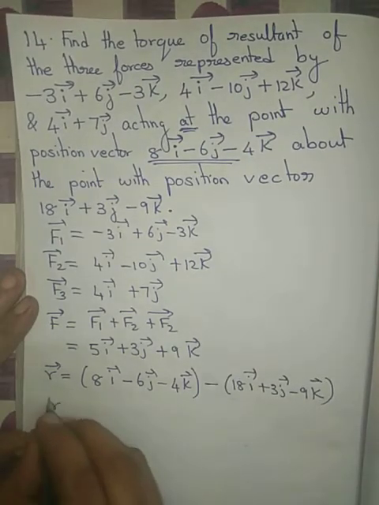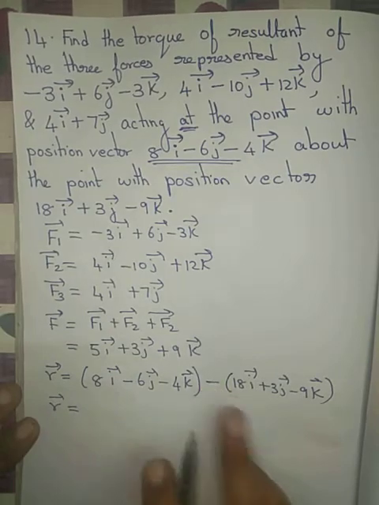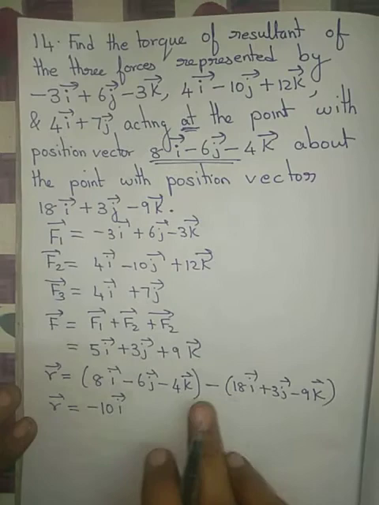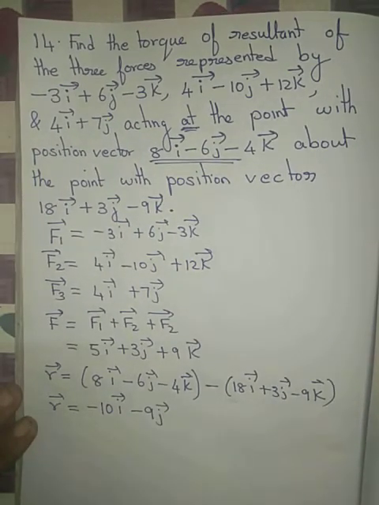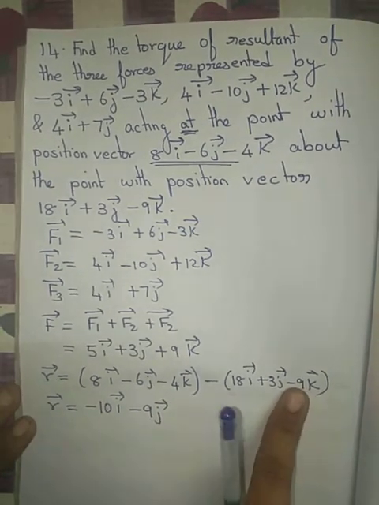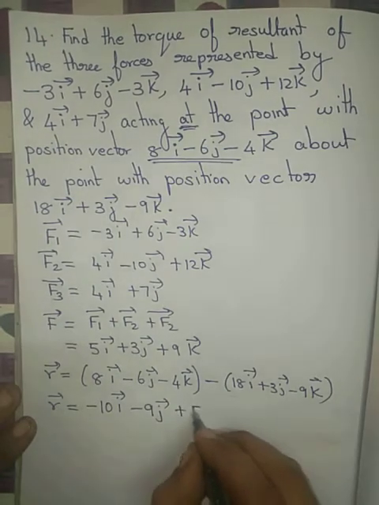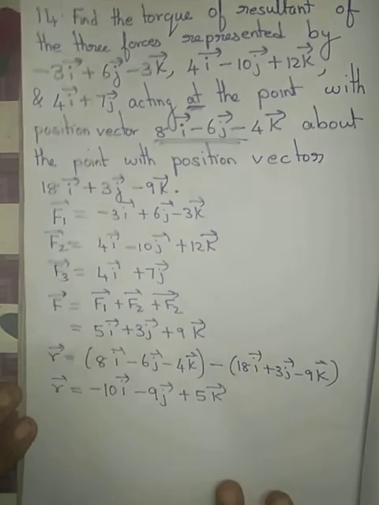Now I have to subtract both. 8 minus 18, I will have minus 10I vector, minus 6 minus 3, minus 9J vector, minus 4K minus into minus plus 9K. So minus 4 plus 9, I will have plus 5K vector. So this is our R vector.